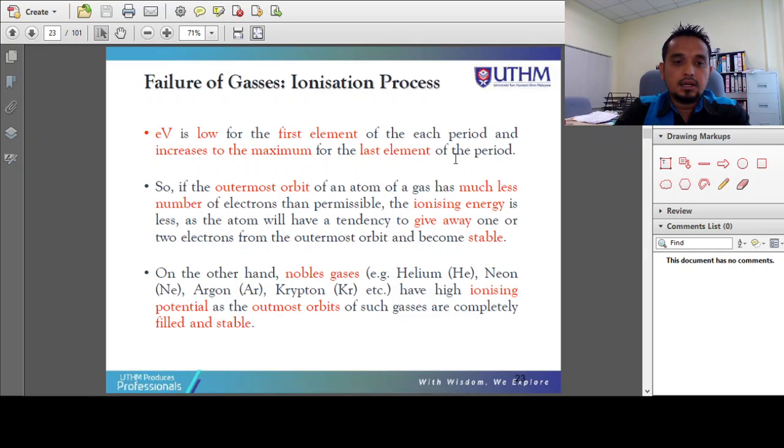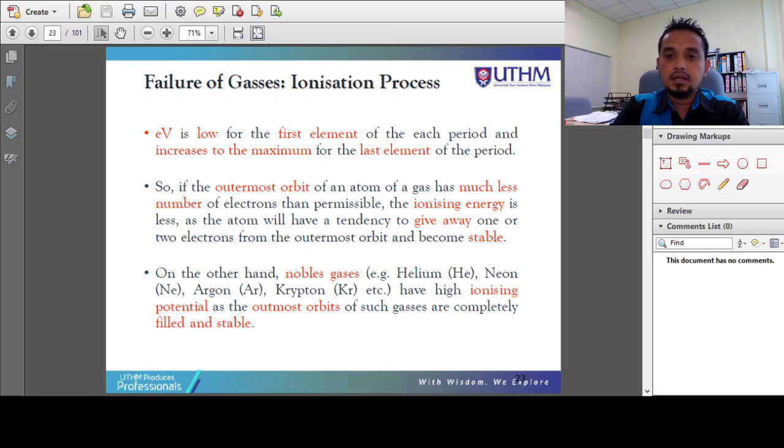So the atom tends to give away the electron, since it has lost grip from the attraction of the nucleus, as compared to the last element. Those are very close to the nucleus, like engaged or bonded to the nucleus.